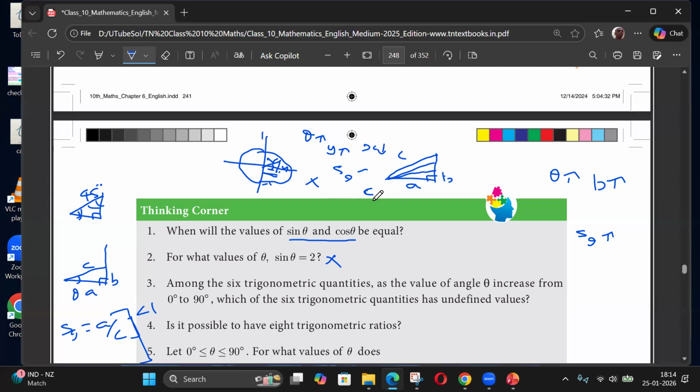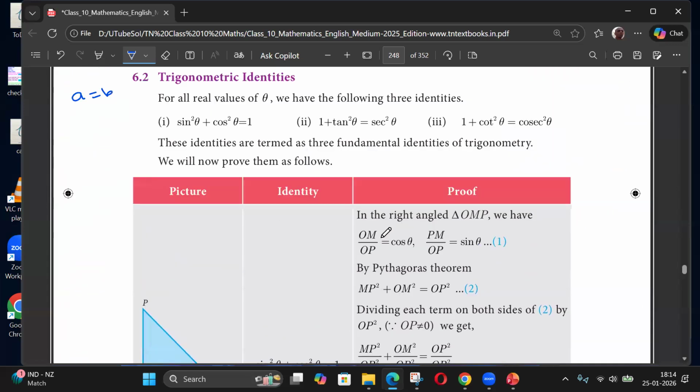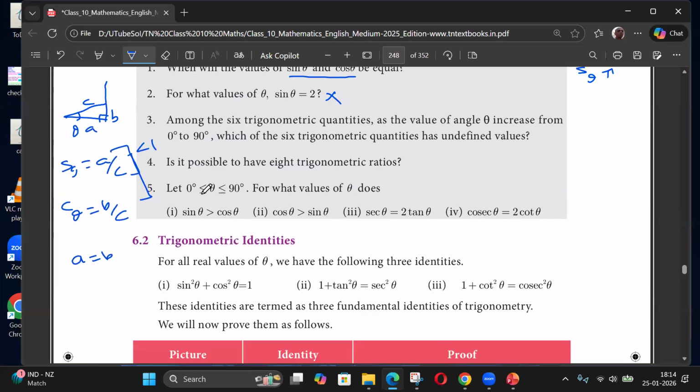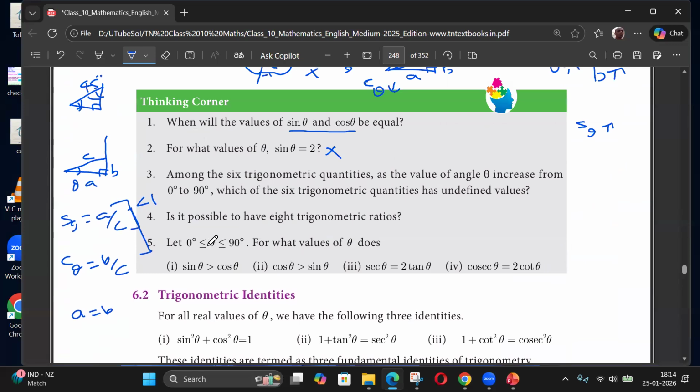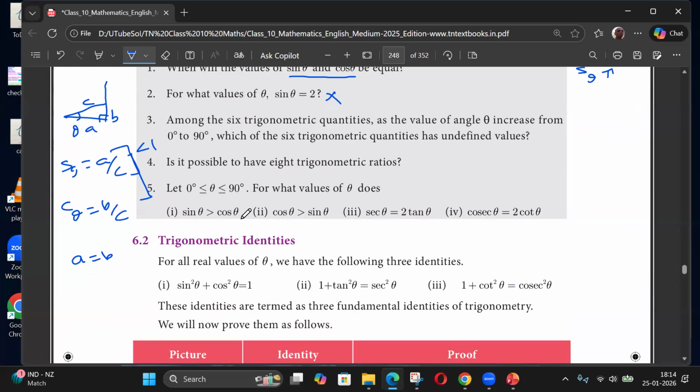I'm just talking about the first quadrant, 0 to 90 degrees. Sine theta is greater than cos theta, one more thing I understand.